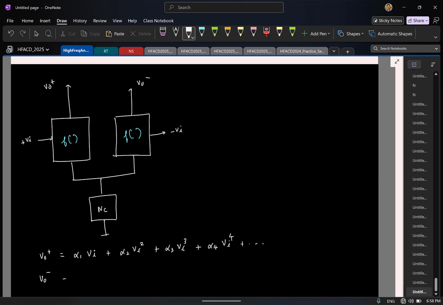Similarly, if I find the output on the negative side, how do you think that will look? If I know this, how can I get VO minus? I'll replace Vi with minus Vi, that's all. So then I'll get minus alpha 1 Vi plus alpha 2 Vi square minus alpha 3 Vi cube plus alpha 4 Vi power 4, and so on.